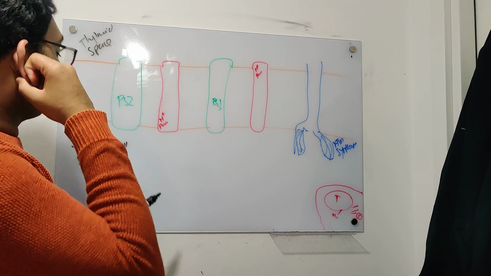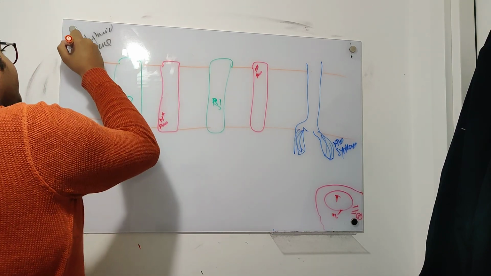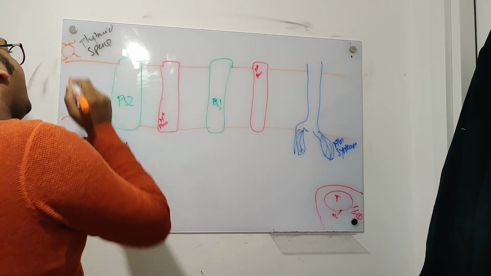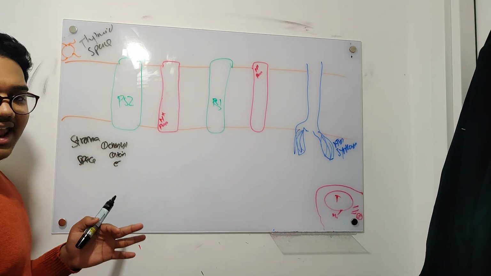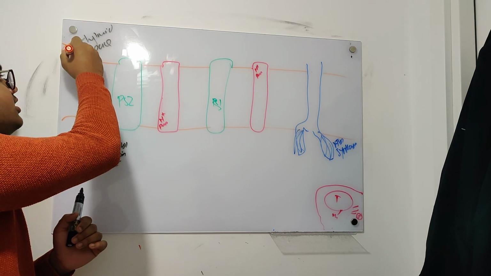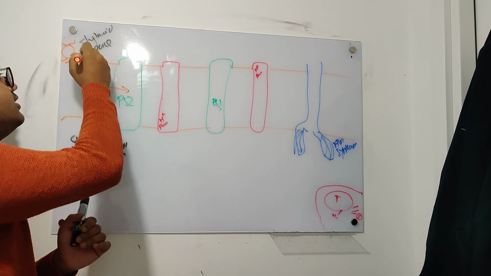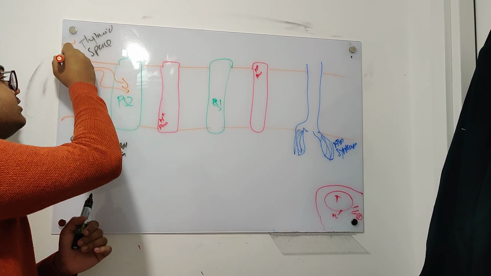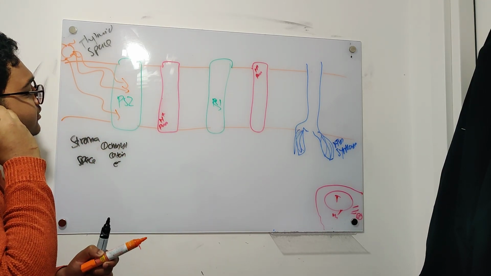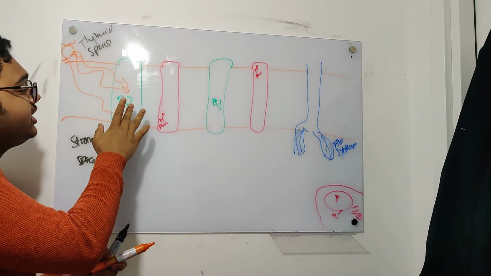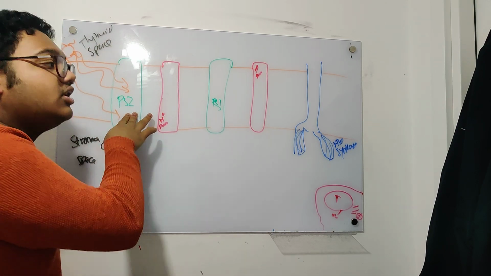Now let's draw out a little sun over here. And plants photosynthesize by using light, right? So that light energy is going to be reaching photosystem 2. Photosystem 2 is the start of the electron transport chain. So all of that light energy reaches photosystem 2.